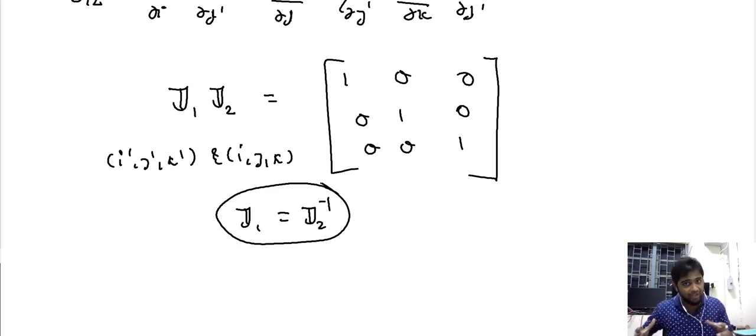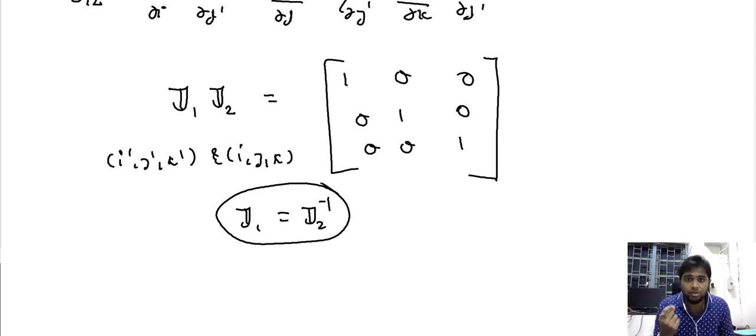So what essentially our next step is going to be is to attribute a physical significance to what this Jacobian is. So we have so far established that when we have two coordinate systems, and when it is possible for us to express one coordinate system in terms of another, when it is possible for us to treat a given coordinate of a system as a function of the coordinates of another system and recover its corresponding independent variable, then the Jacobian of the coordinate system is the inverse of the Jacobian of the other coordinate system.